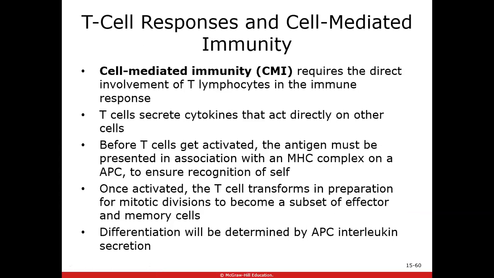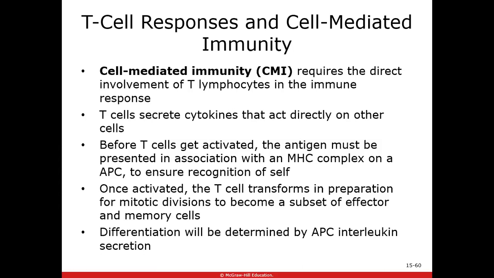Cell-mediated immunity requires the direct involvement of T lymphocytes in the immune response. The T cells secrete cytokines that act directly on other cells. Before a T cell gets activated, the antigen must be presented on the APC, antigen presenting cell, which is that dendrite.